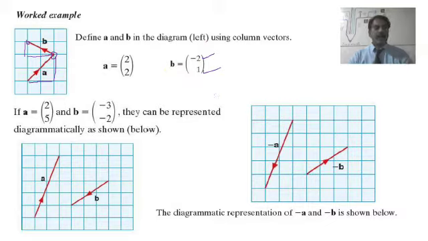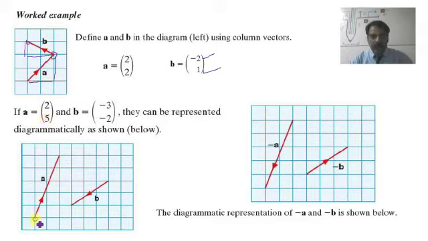Now if vector A is given as 2, 5 and vector B is given as -3 and -2, and we want to draw it on a graph paper, that's very simple. We can take any point anywhere on the graph paper, and from there we'll follow this instruction. 2 positive, that means on x-axis we have to move 2 steps to the right. 5 positive, that means from next position we have to move 5 steps in the upward direction.